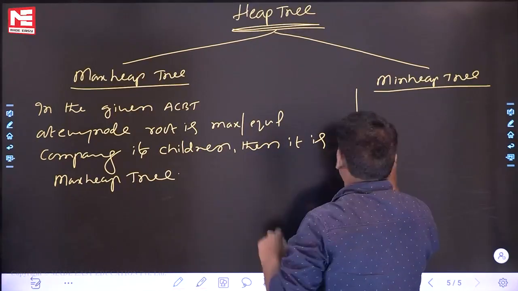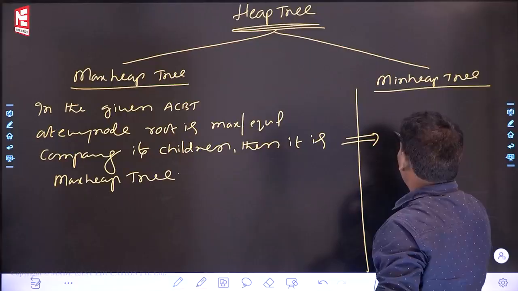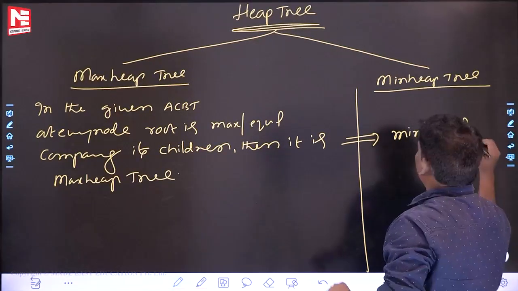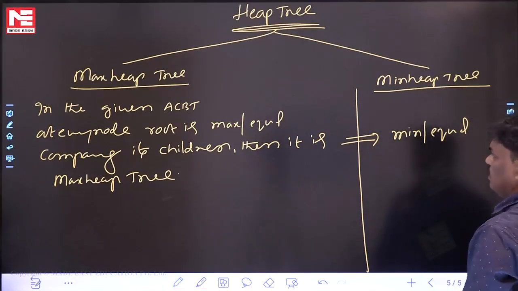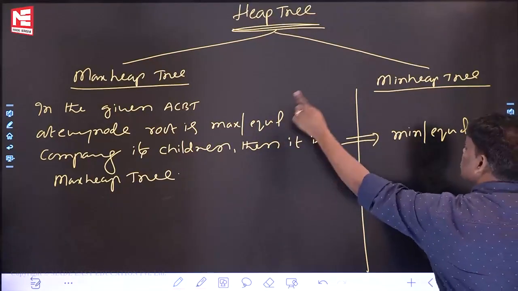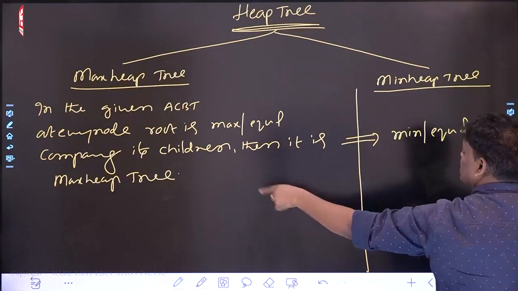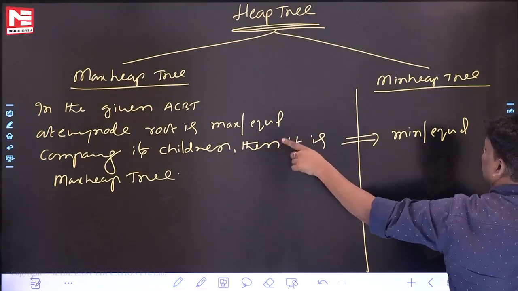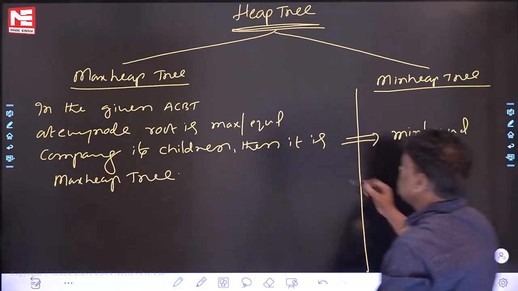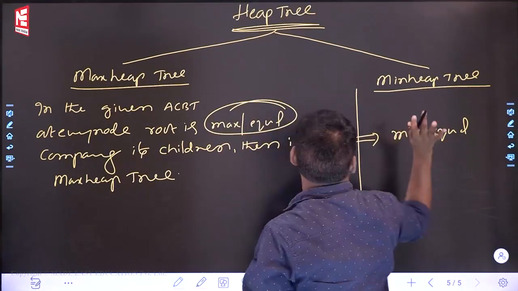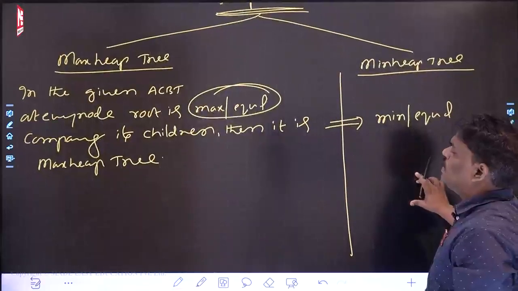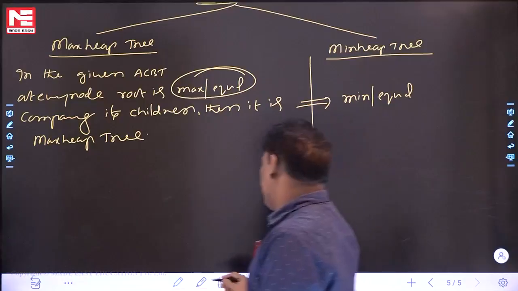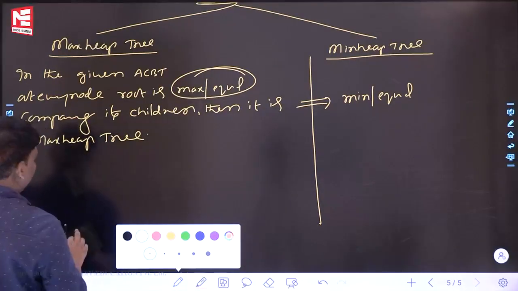Everything is the same, right? The root is minimum or equal, in this place the change, then it is going to be a min heap tree. I think I clearly wrote the definition. I will give an example. See the example now.